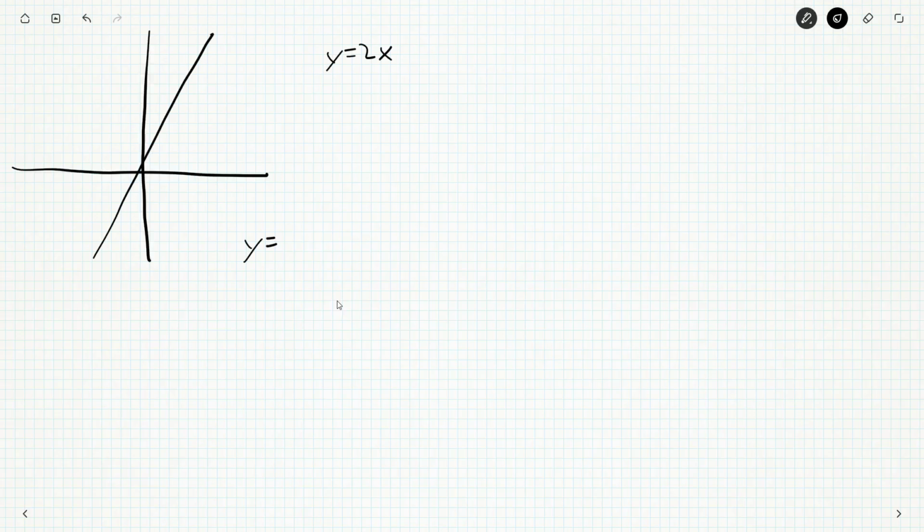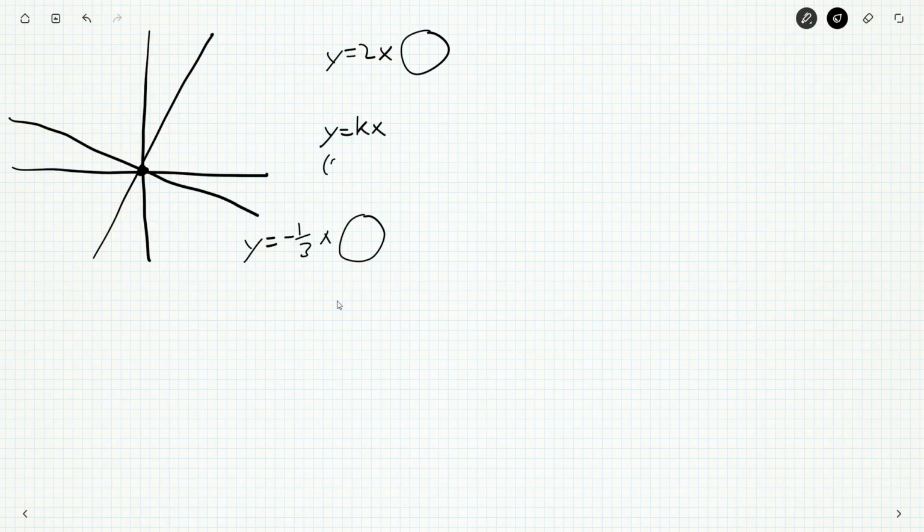You can get y equals -1/3 x, and that's going to come down here at a more shallow angle. But one of the things to note about all of these is their y-intercept is going to be 0. So that means all of these are going to cross the origin.